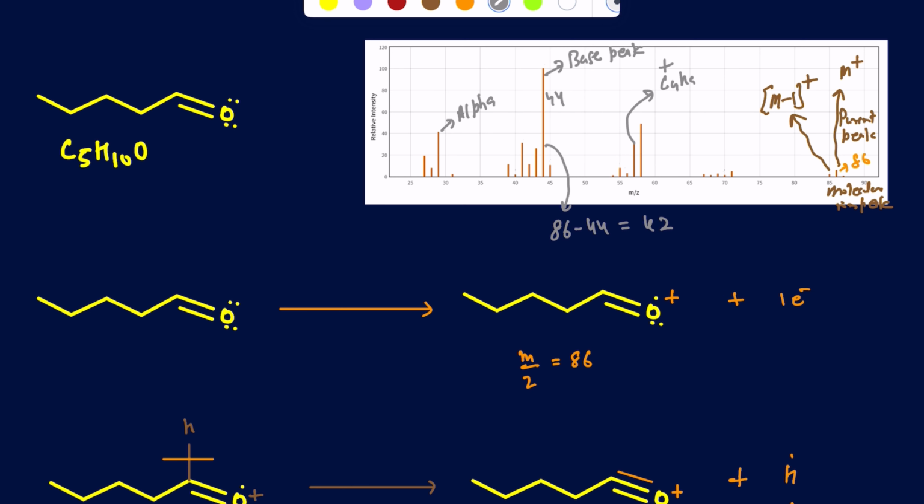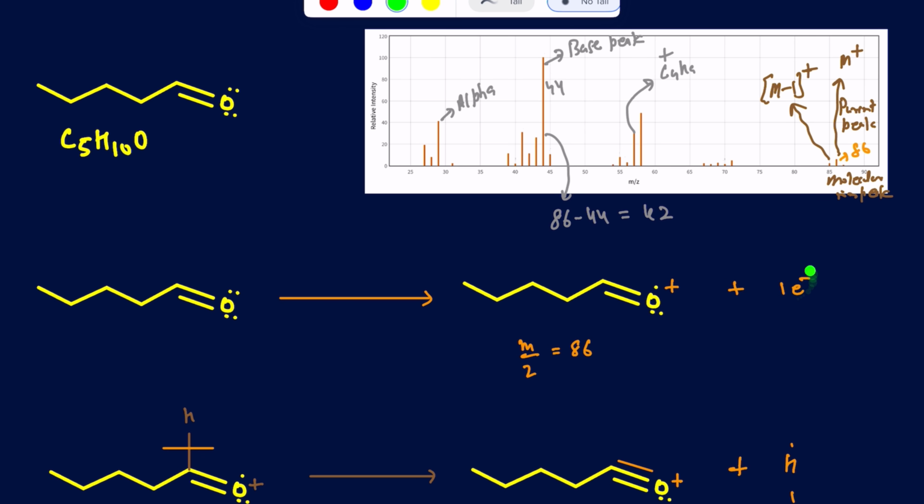And that's another thing. Typically, when you lose water and when you're doing the McLafferty rearrangements, you lose an even number of molar mass. And a lot of other times, when you're losing methyl, or you're losing ethyl and propylene, stuff like those, you lose an odd number of molar mass. Like for example, when we lost the hydrogen, we lost an odd number molar mass here.